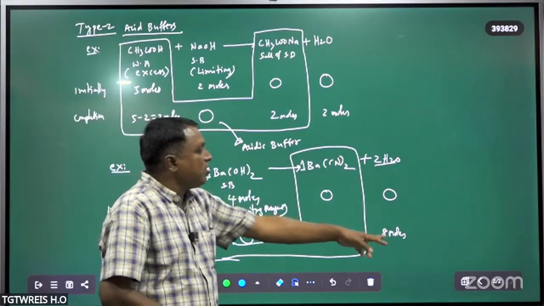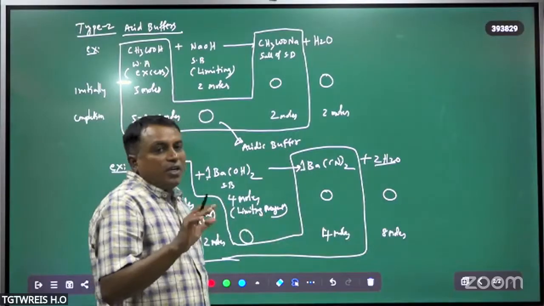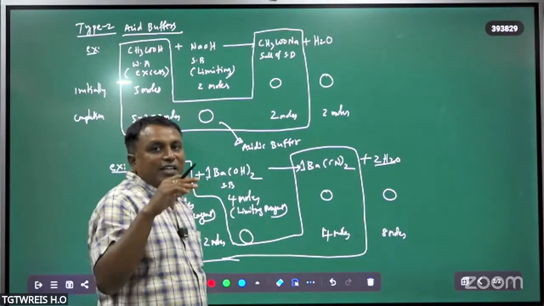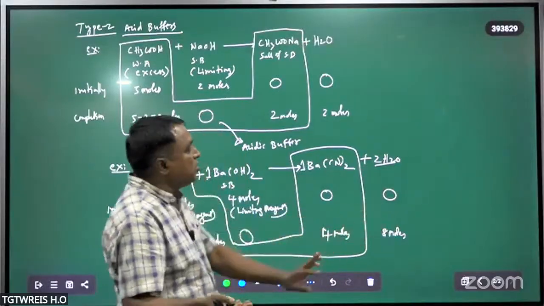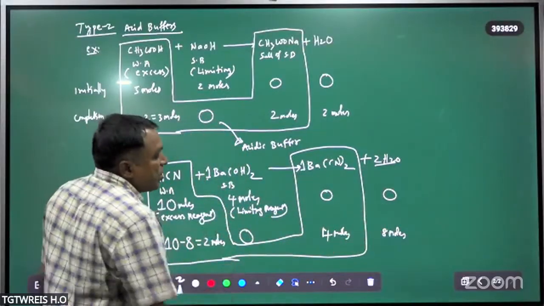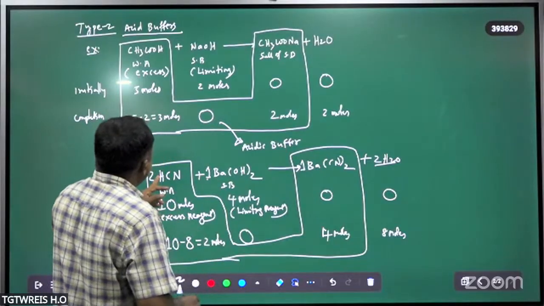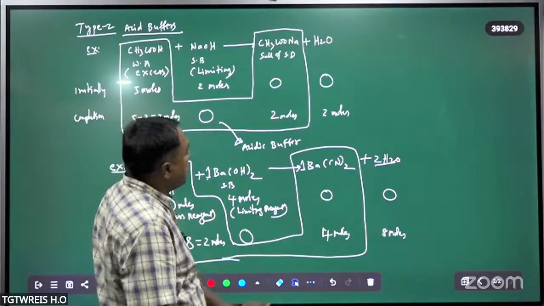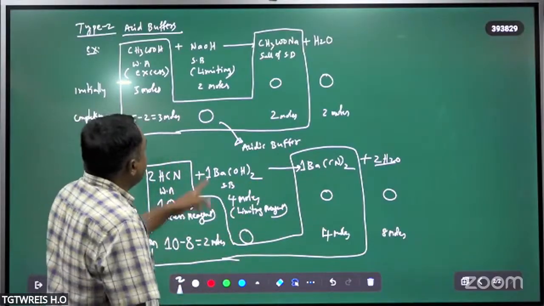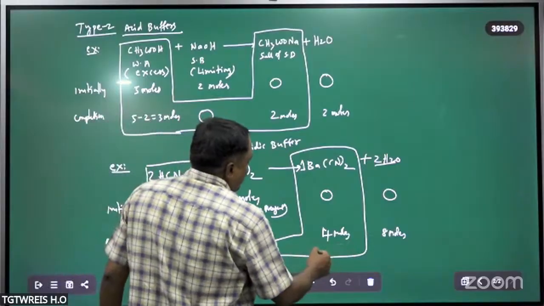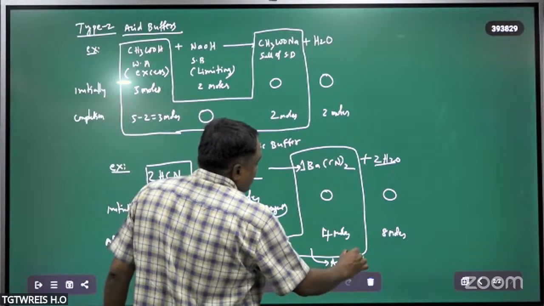Water initially 0 and after it is 8 moles. But there is a negligible change in a buffer solution by adding water. Therefore, if water is present, there will be no change in the pH. Therefore, the combination of HCN and barium cyanide is acting as what now? That is the acidic buffer. So this is an acidic buffer.